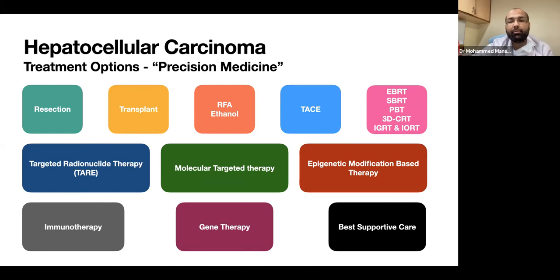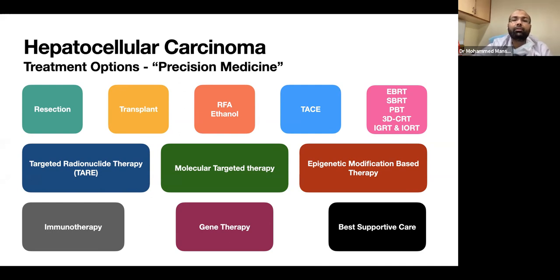For the intermediate stage, we have transarterial chemoembolization, radiation therapy, and targeted radionuclide therapy. For advanced stage, we have molecular targeted therapy, epigenetic modification based therapy, immunotherapy or gene therapy, and at the end we have best supportive care. Now, to select which patient would benefit from which therapy, we have to be very precise, and that leads us to the concept of precision medicine.